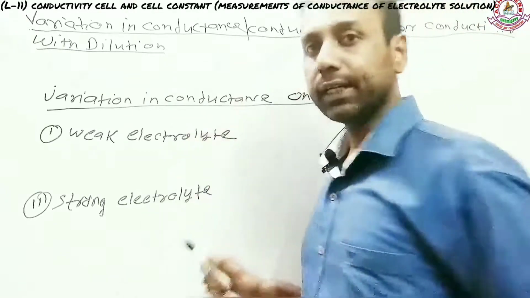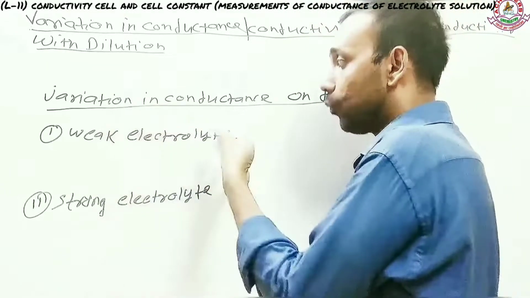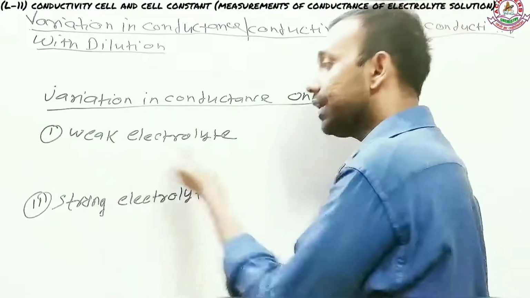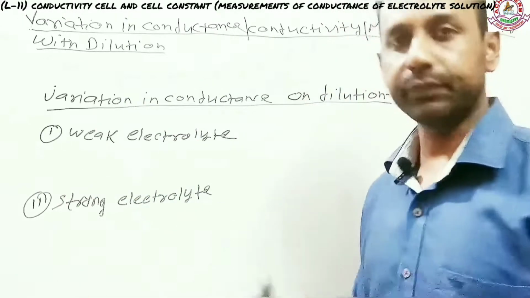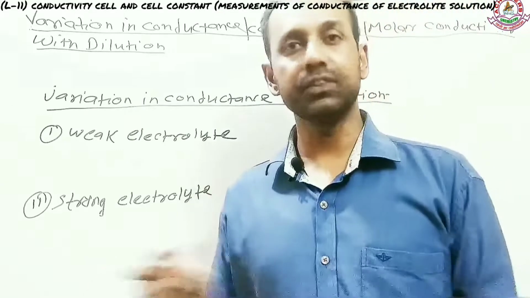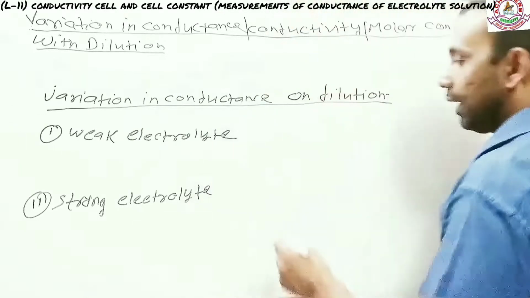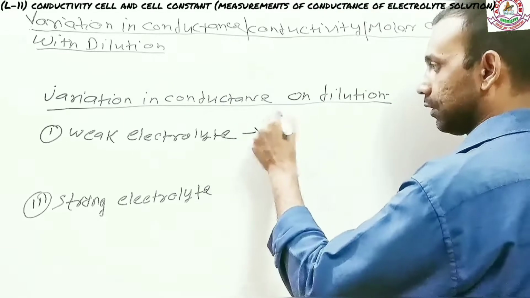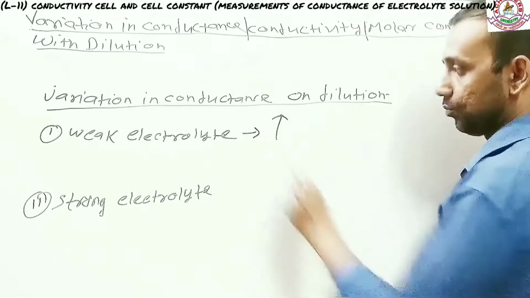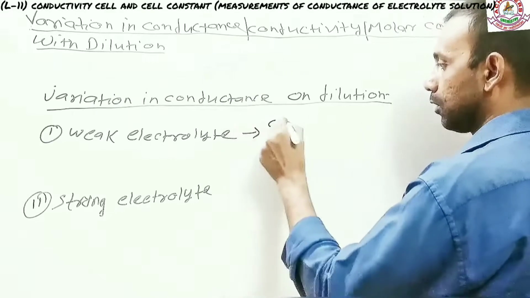There is a change in conductance while you dilute, but for weak electrolyte and strong electrolyte, the change is a little bit different because the reason behind it is different. But overall, I would say conductance increases.